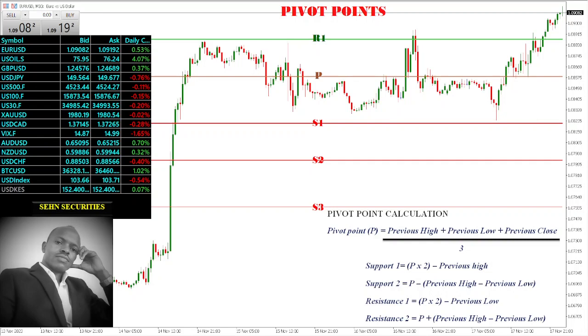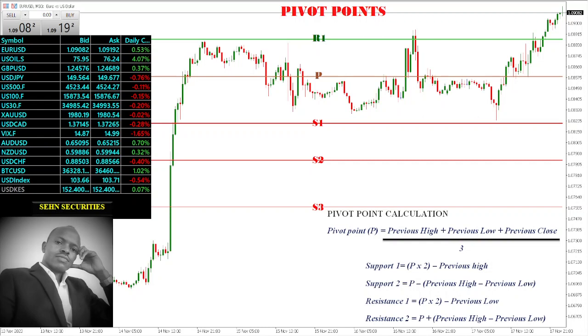Number two, you can use the tool on short time trading frames. And then finally, there is some high accuracy associated with pivot points.